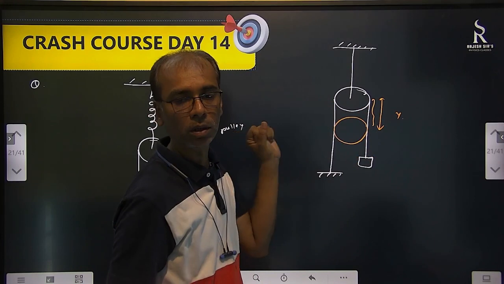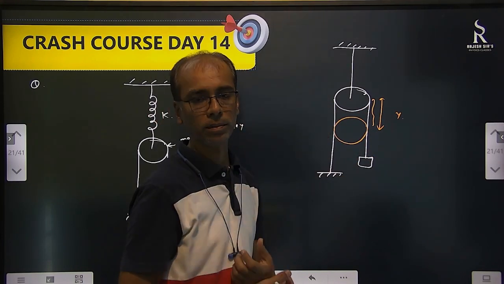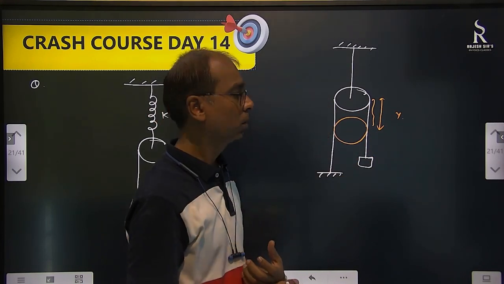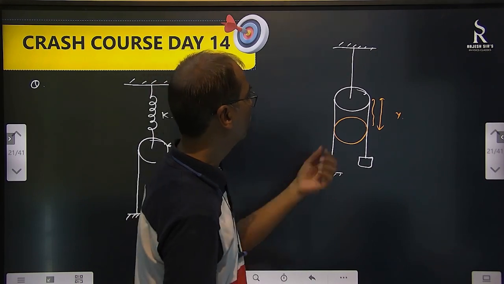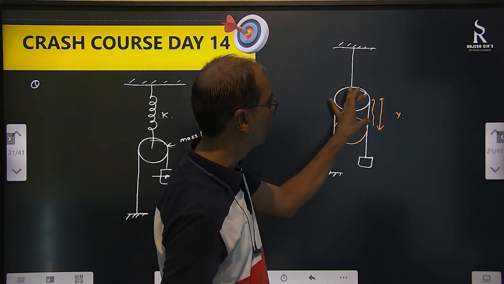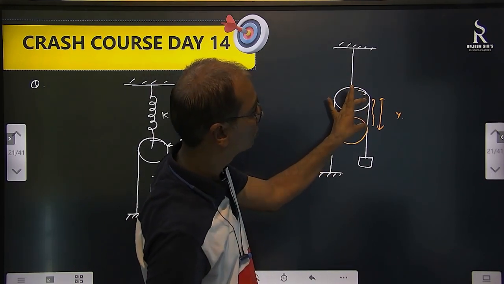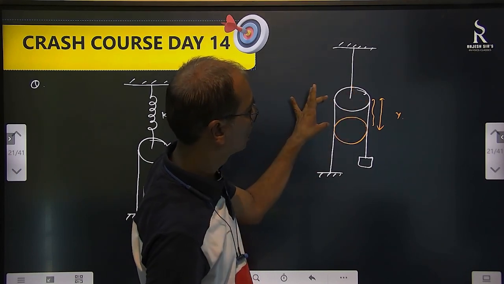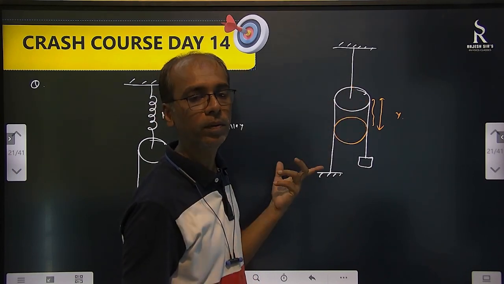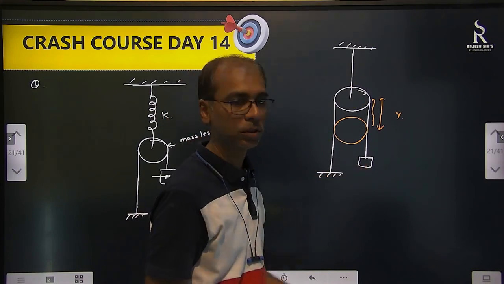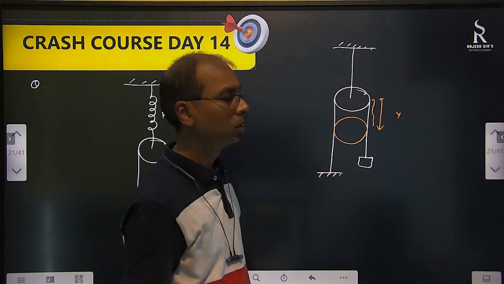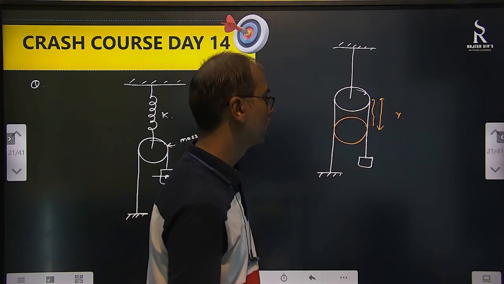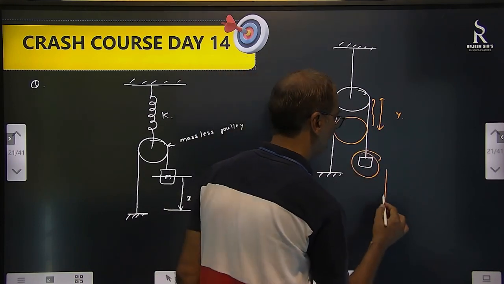That also will come down here. Listen again. If this pulley comes down by y, this side of string becomes free, this much string, and this string is also becoming free. Where will that go? It will come to this block. So if the pulley is coming down by y, this block will go down by 2y.